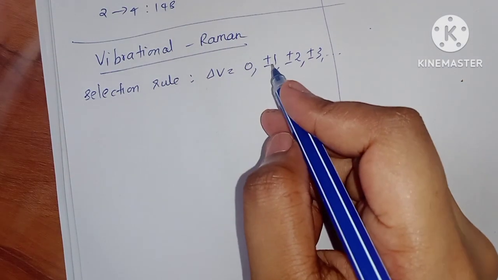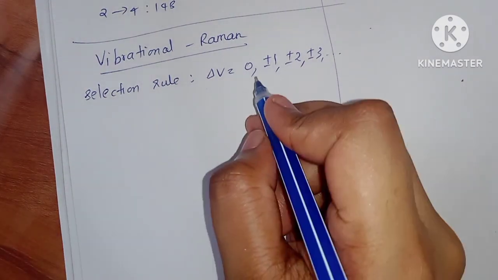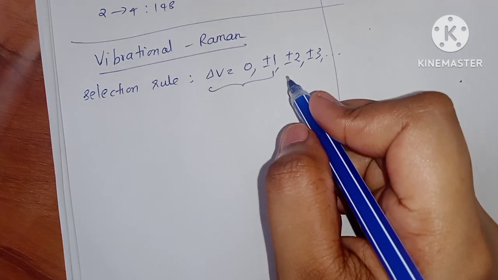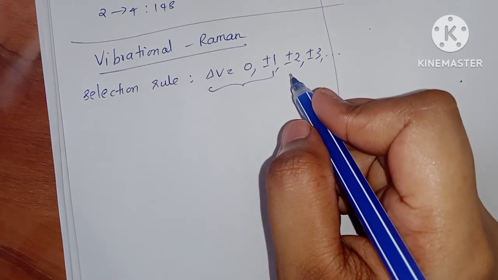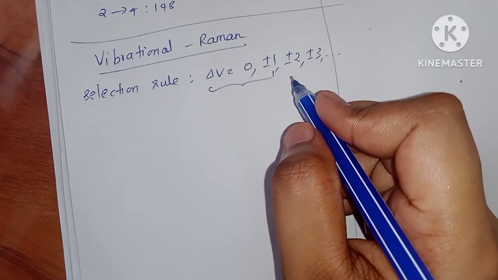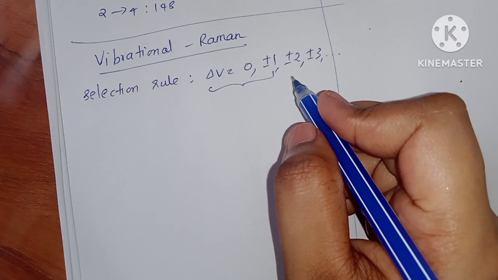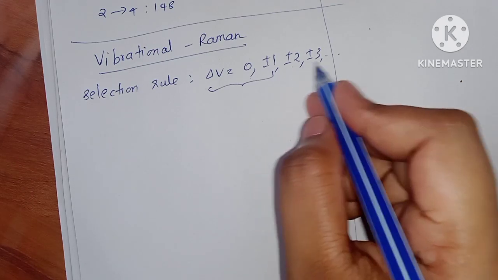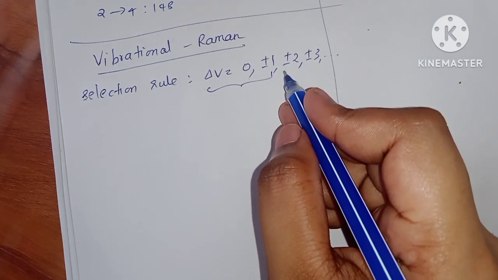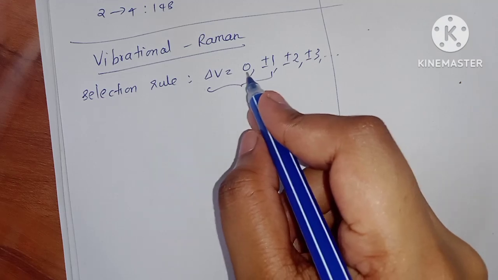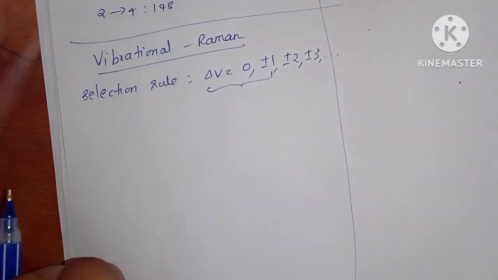The most population is present in the ground state. We are considering only 0 and plus or minus 1 because from the first level, second level, and so on, the population of molecules is very low, so there is very little chance of plus 2, plus 3 transitions. That's why we mostly consider the 0 and plus or minus 1 transitions.